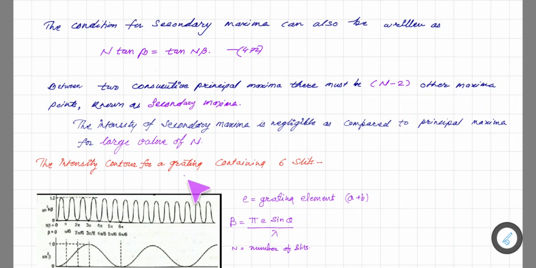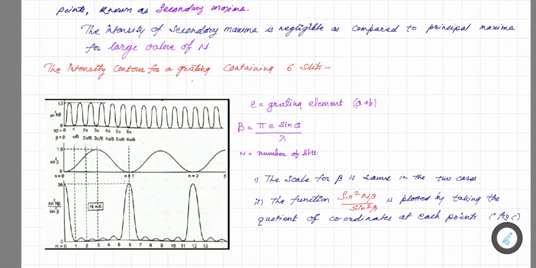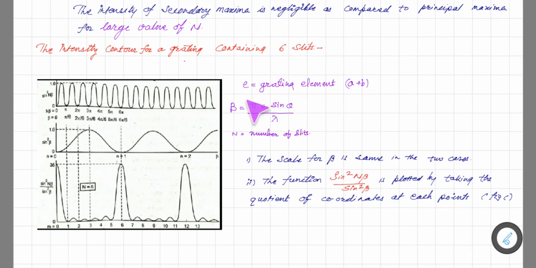The intensity contour for a grating element containing 6 slits is shown here. We know that the grating element e is equal to a plus b. Here we know that beta is equal to pi e sine theta upon lambda, and capital N is the number of slits. So the scale for beta is the same in the two cases.